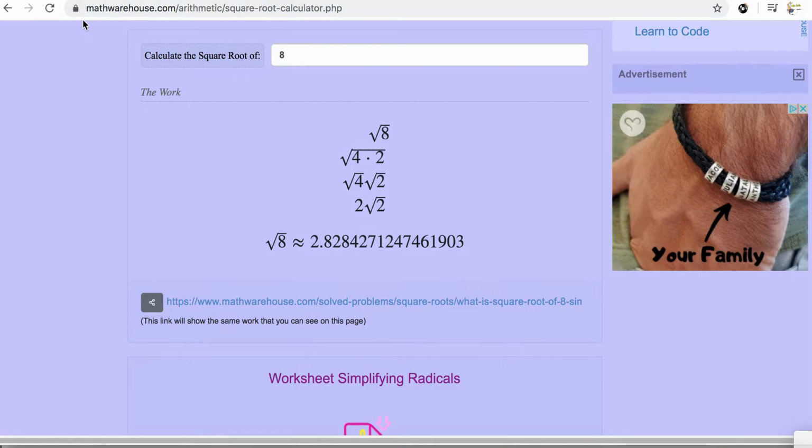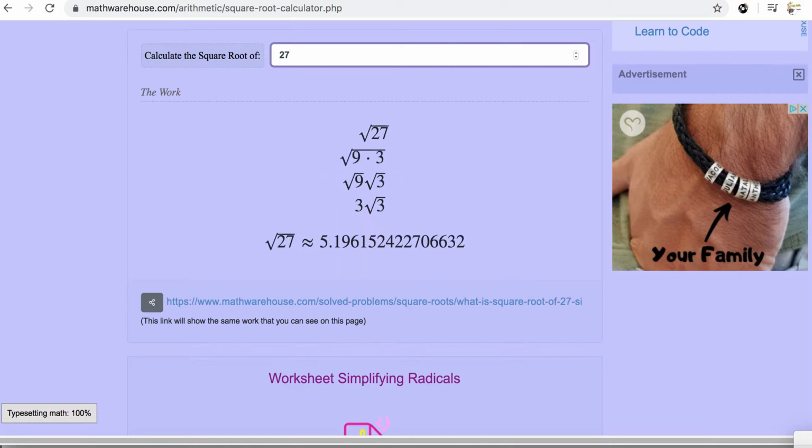Before I do that one, I just want to note that if you go to Math Warehouse, you can find this square root calculator right here, which can help you with your radical simplification. If you put the value you're trying to find the radical of, it will show you the work and how it simplifies the radical. Radical form also gives you the decimal solution here.